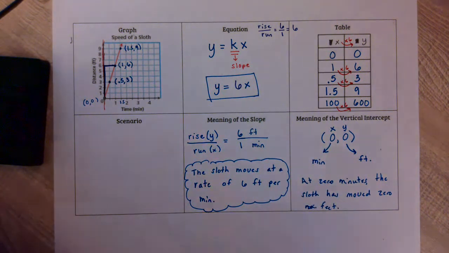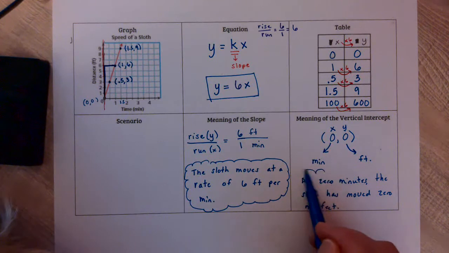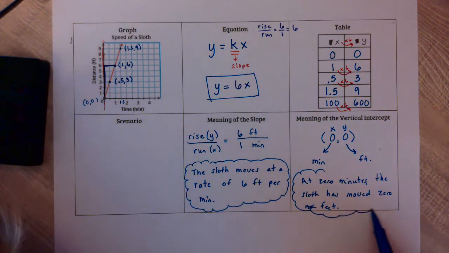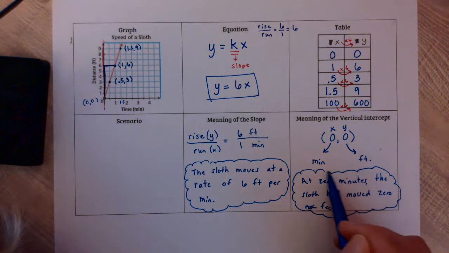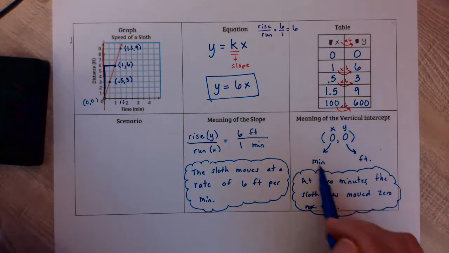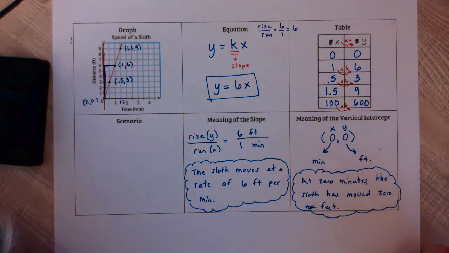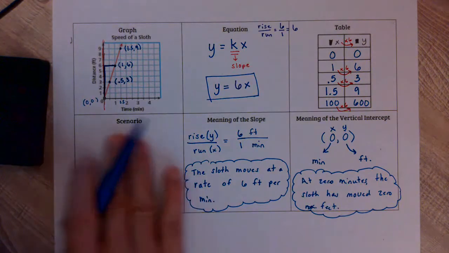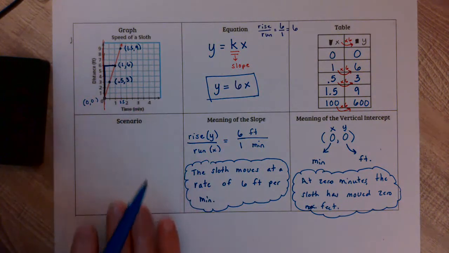All right, so when I'm looking at your meaning of your vertical intercept, again, I'm wanting the sentence. So I do think this work up here makes it so helpful for you to figure out, but I want a sentence. The last one, the scenario, I'm actually going to give you choices on this one.